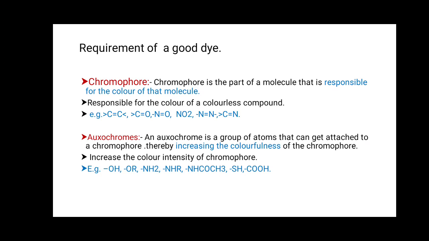Requirement of a good dye or ideal dye: it possesses a chromophore and oxochrome, where the chromophore is the part of the molecule that is responsible for the color of that molecule, whereas the oxochrome is a group or part of the molecule that, when attached to the chromophore, increases the color intensity of the chromophore.